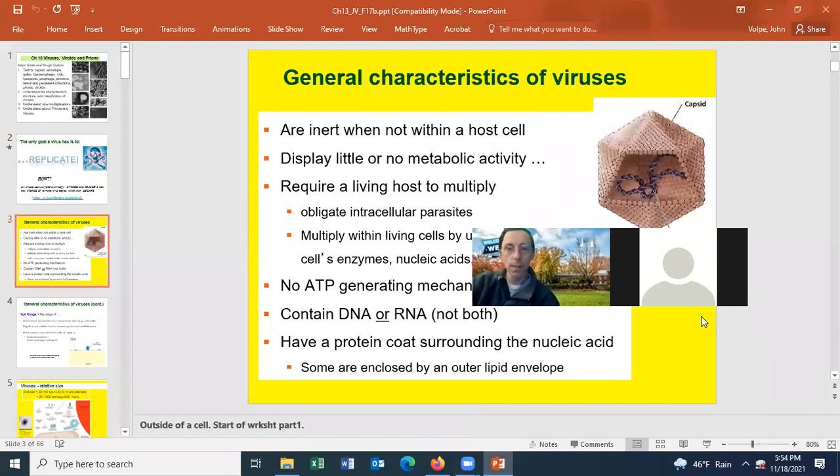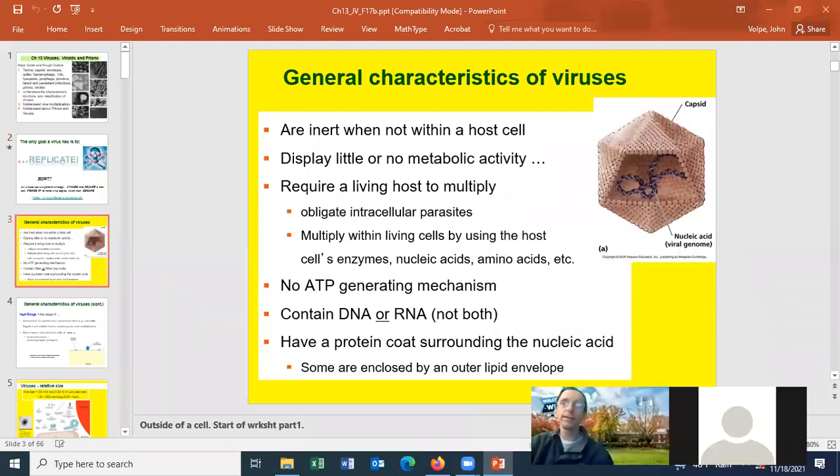Some general characteristics of viruses. When viruses are not within a living host cell, they're generally inert. They're not metabolically active unless they are in a host cell. So viruses display little or no metabolic activity outside of a host cell. They require a living host cell in order to multiply.